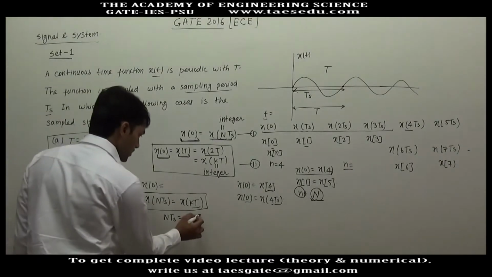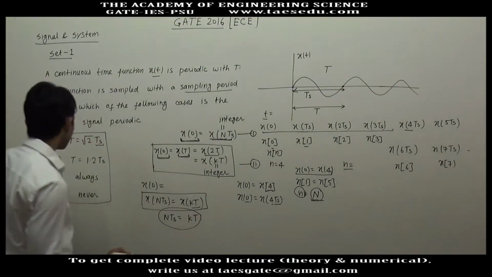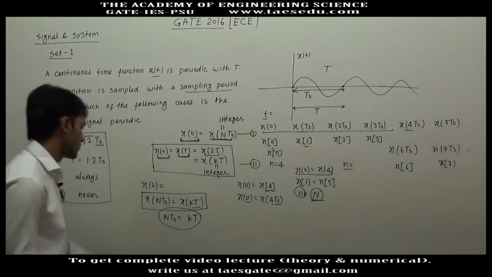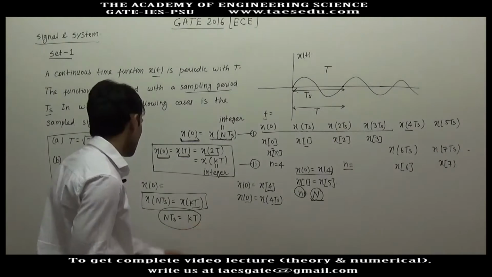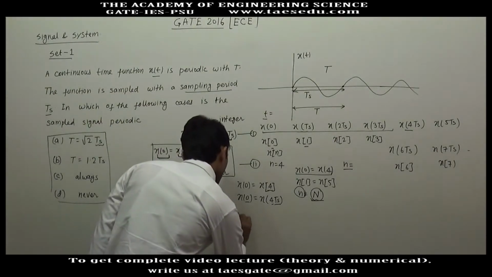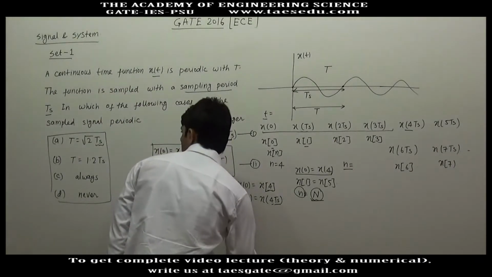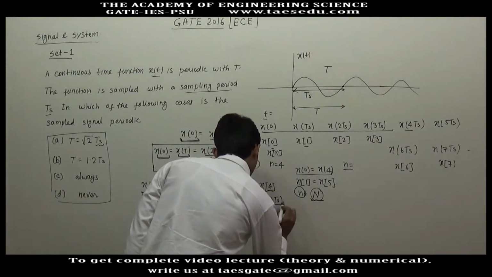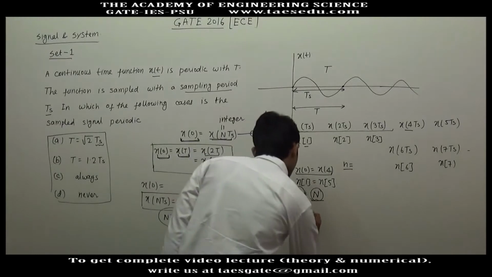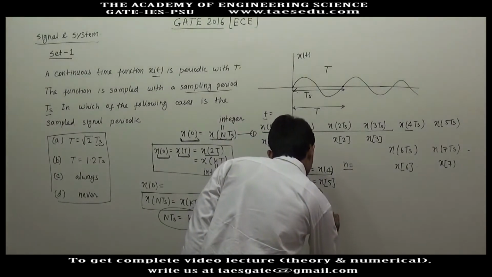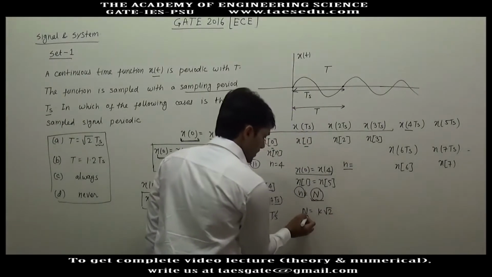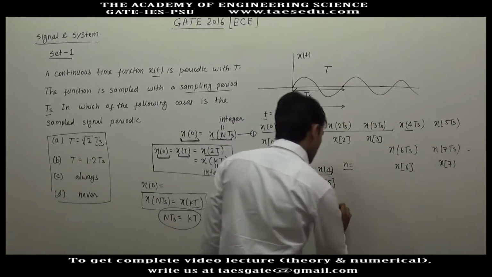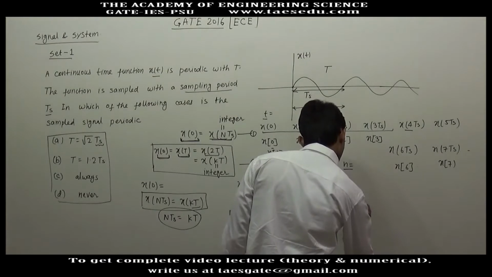Now coming to the options, if we check the first option, T is equal to root 2 Ts. If we put T equal to root 2 Ts, we have N into Ts equal to k into root 2 into Ts. Ts and Ts will be cancelled, so N is equal to k into root 2. N is an integer, k is also an integer, and root 2 is an irrational number.